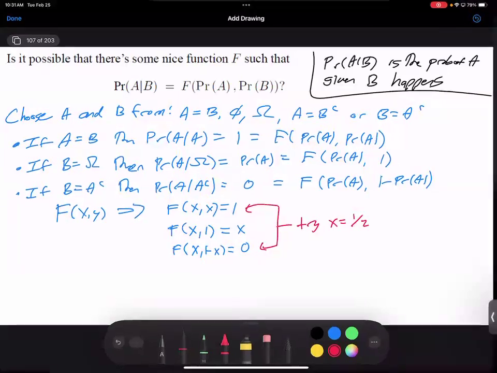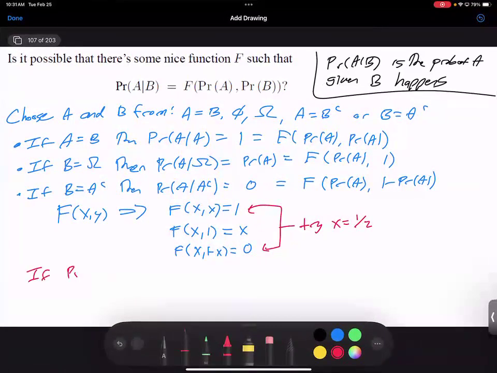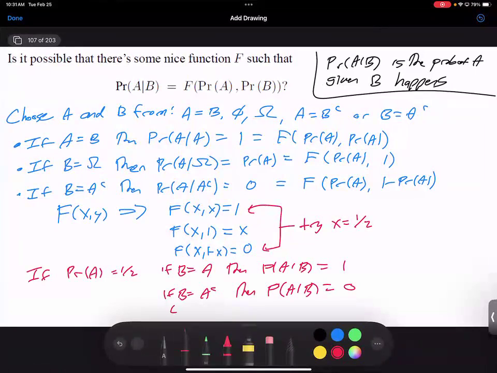Okay, so if the probability of A equals 1/2, if B equals A, then you get the probability of A given B equals 1. If B equals A complement, then you get the probability of A given B equals 0. But both would have to be F of 1/2, 1/2. So no such equation or no such formula.